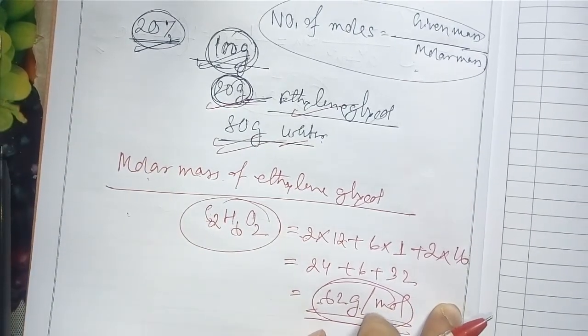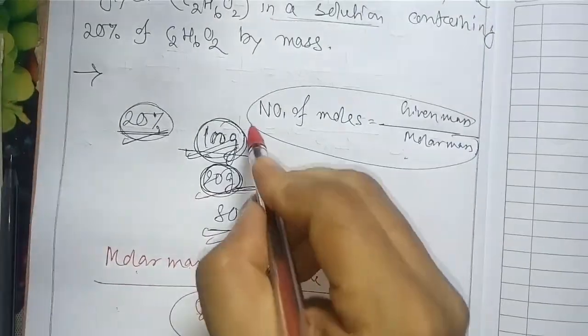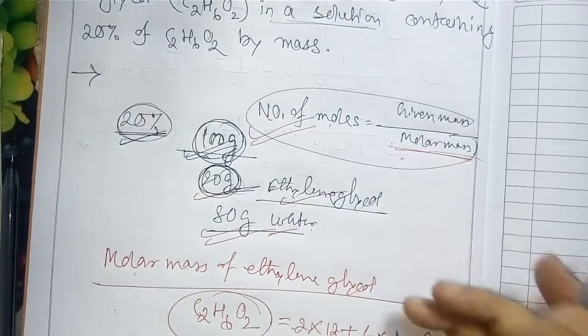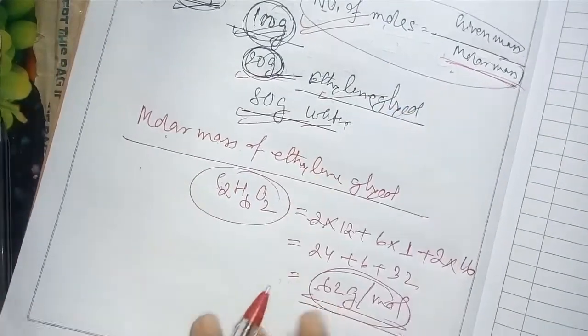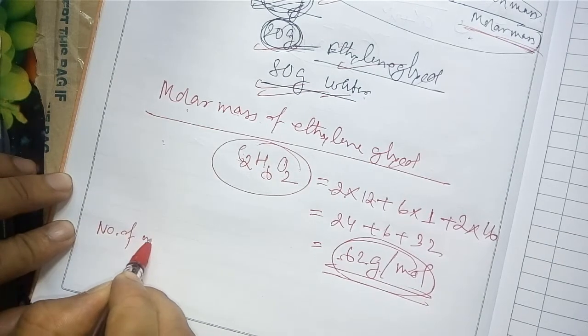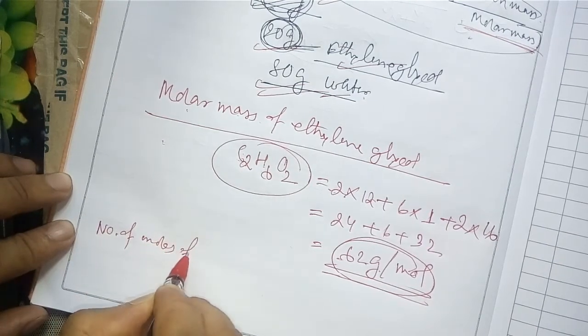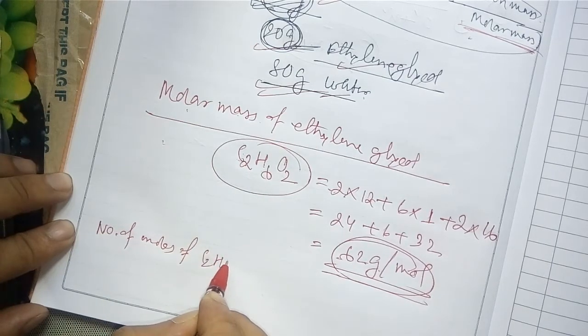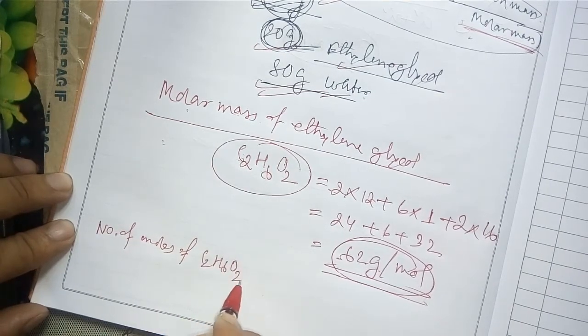Now I have to find the number of moles. This formula has to be applied: number of moles equal to given mass divided by molecular mass. Here I have to find the number of moles of ethylene glycol, C2H6O2.